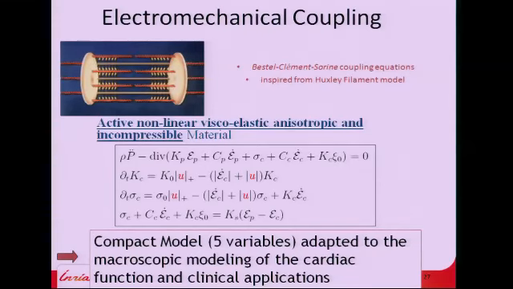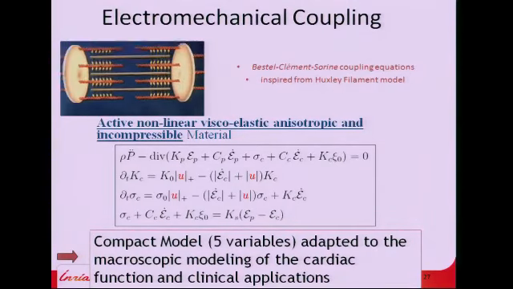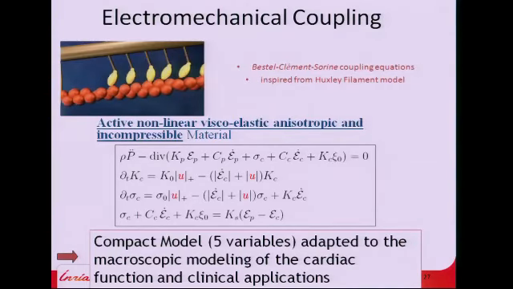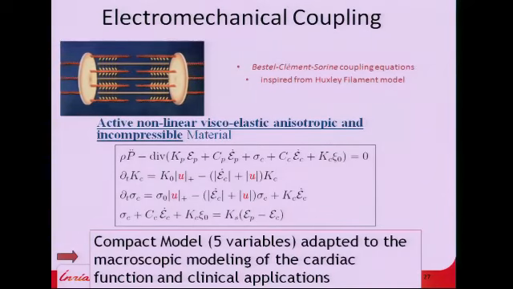When this signal, the change of potentials, goes through the myocardium, this creates a tension along the fiber, which creates the contraction and then the relaxation of the heart. This is inspired by the Huxley filament model, and to derive those equations, we use statistical mechanics to go from nanoscopic models to macroscopic models.